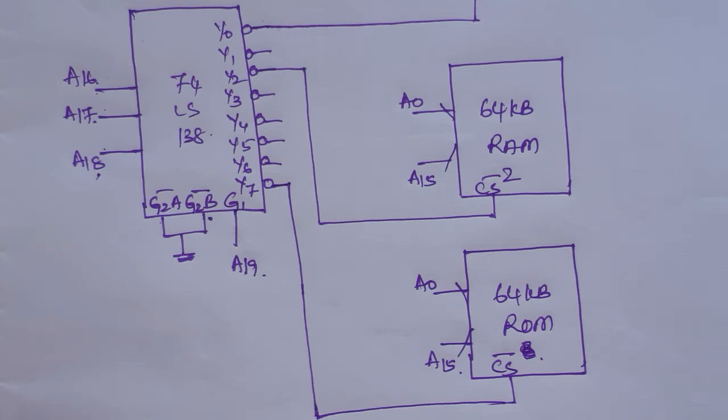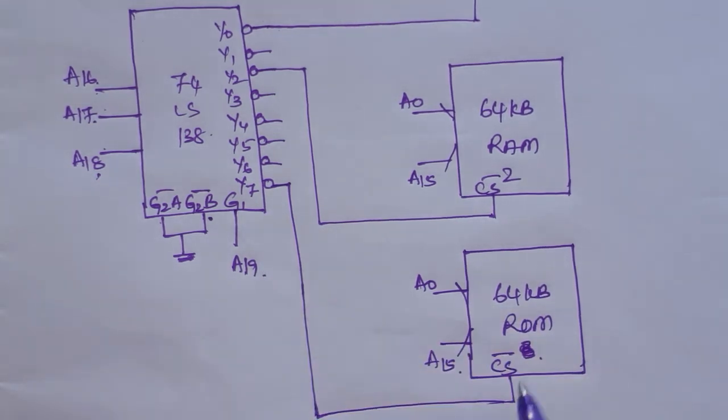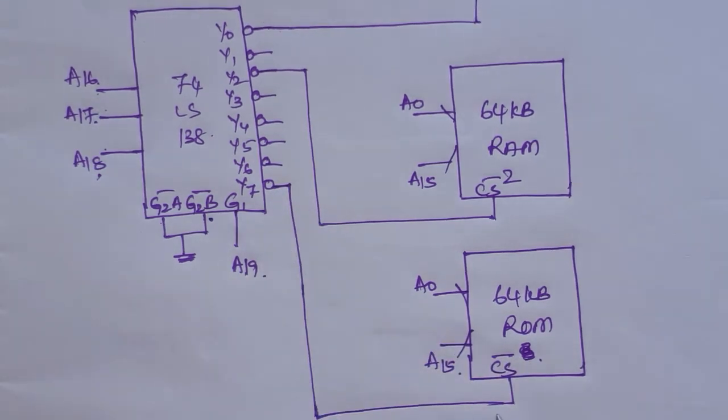The system initialization programs must always be present in ROM. So the end addresses we use for ROM, and the rest of the memory space we can use for RAM. So I'll take Y7 to enable this ROM.